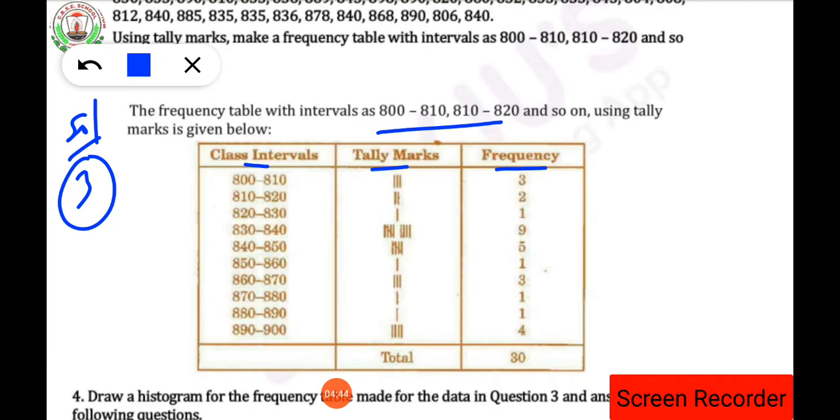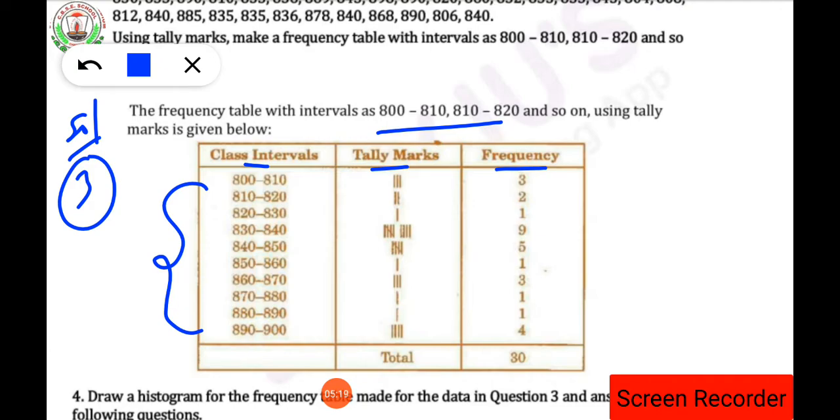In the class interval you have to write all the class intervals which I just told you: 800 to 810, 810 to 820, 820 to 830, 830 to 840, 840 to 850, 850 to 860, 860 to 870, 870 to 880, 880 to 890, 890 to 900. Like that, up to 900 we are going to stop.